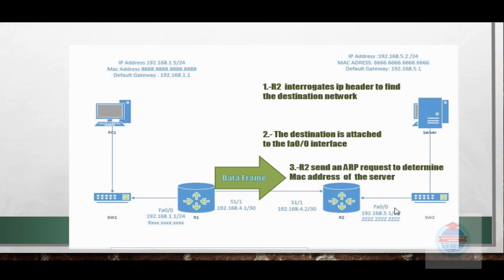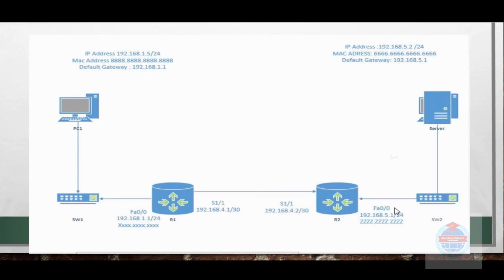After that, R2 sends an ARP request to determine the MAC address of the server, the one that you see over here. Basically, you can see that router 2 sends an ARP request to determine the MAC address of server 1, and we get the communication going.